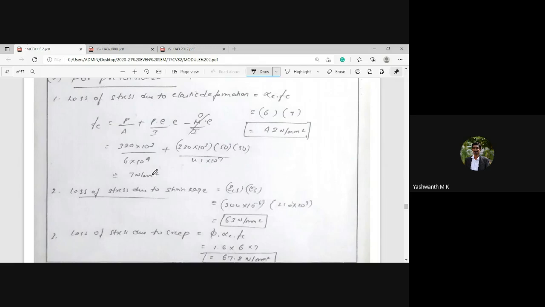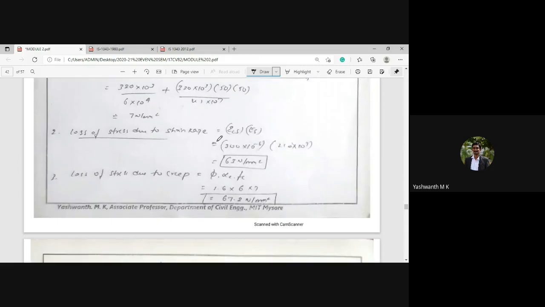Now you got 7. Substitute here, with modular ratio 6. So 6 multiplied by 7 gives 42 Newton per millimeter square, which is the loss of pre-stress due to elastic deformation of concrete in the case of pre-tension PSC beam.